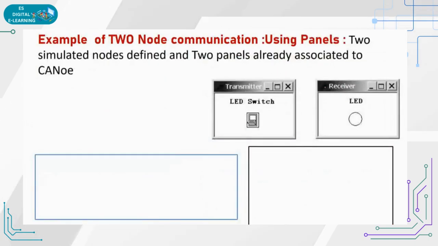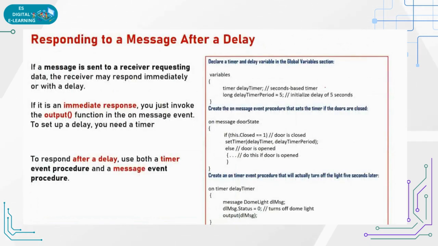Under the variable section, we are declaring all the global variables, and this will be the on event. Event means whatever the message door state. If you mention that if the door is closed, then this statement will be executed. If the door is open, the else statement will be executed.